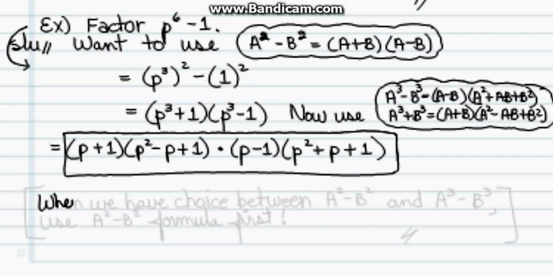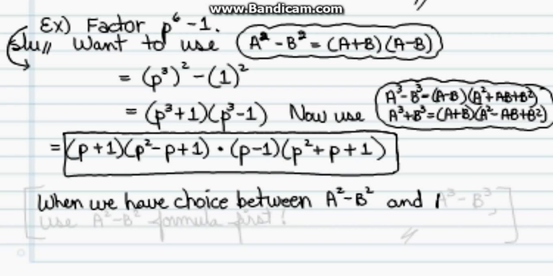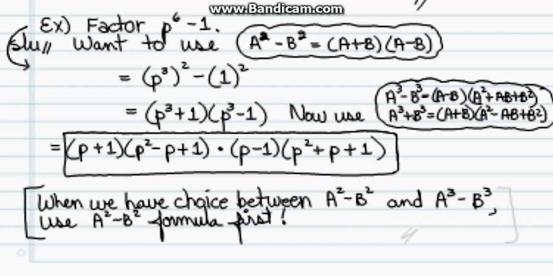So when we have a choice between a squared minus b squared and a cubed minus b cubed, use the a squared minus b squared formula first. That's the moral of this story. Use that first, and then you should be able to possibly even factor further afterwards.